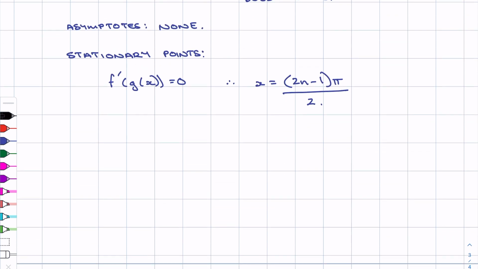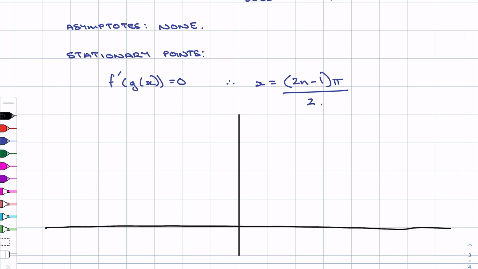I might actually do the graph on this page. Okay, I'm going to note that there's no x-intercepts, and I'm going to note that there's going to be some positive values. Once finding my stationary points, I have to note where they're going to exist. I'm going to note that the value will exist between e to the 1 and e to the negative 1, because sine x can only exist between negative 1 and 1 as a range.